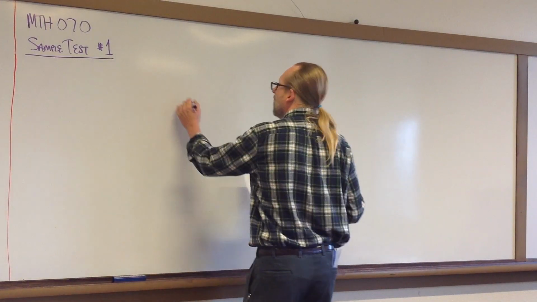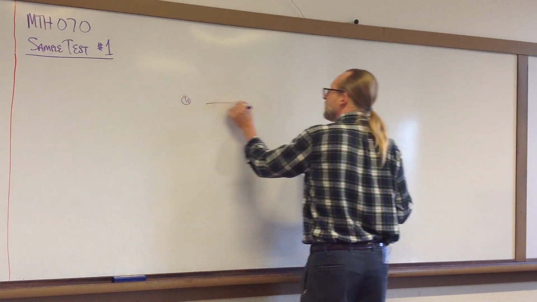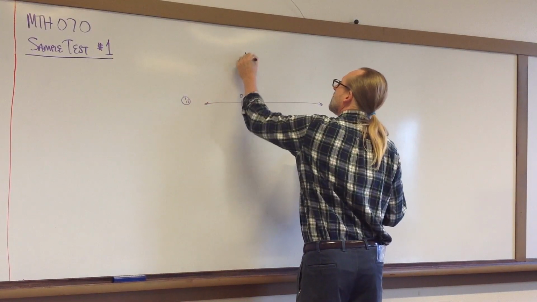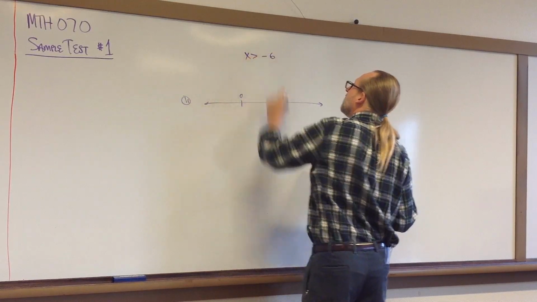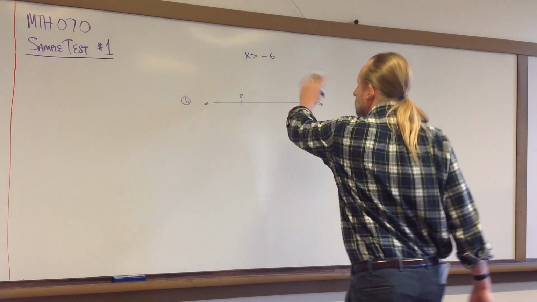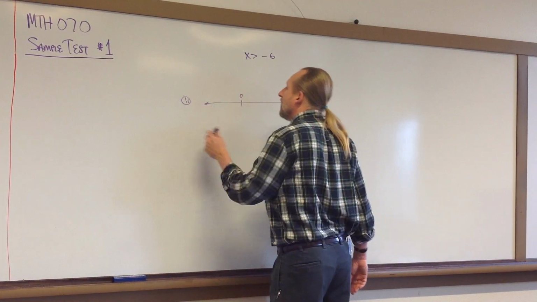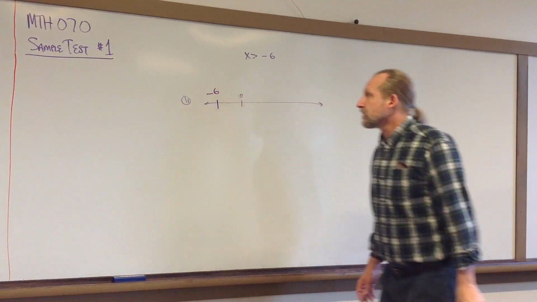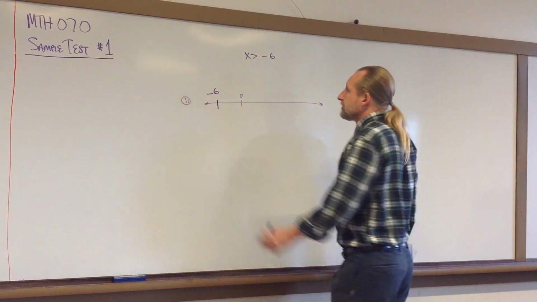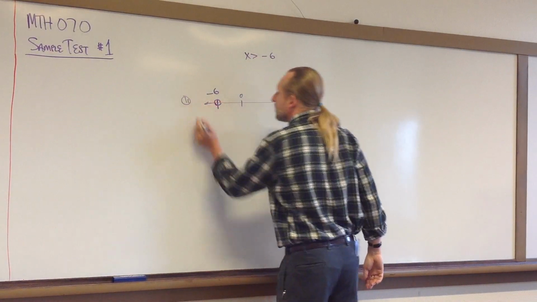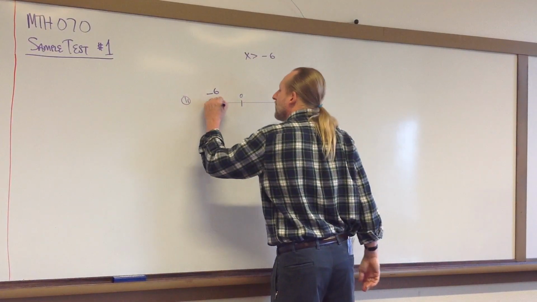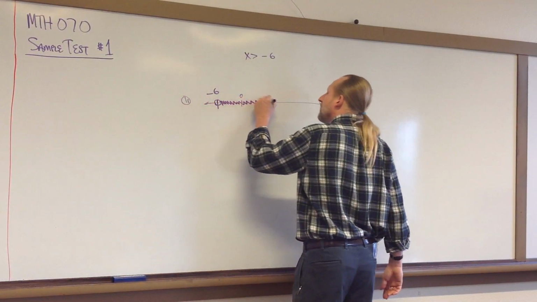So, the problem gives you a number line like this, indicates where 0 is, and asks you to graph x greater than -6. You don't have to get too detailed in where your -6 is going to be. If you just put it to the left of 0, there's the -6. Now, remember, if this is just a greater than or less than, then we put an open circle around the -6. The x is greater than -6, so that's all these numbers out this way.